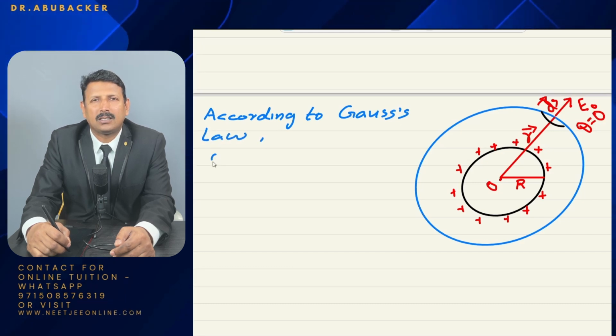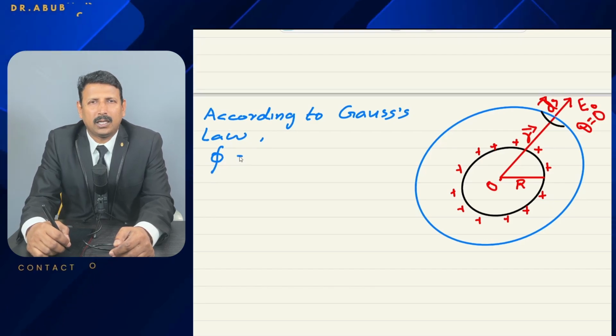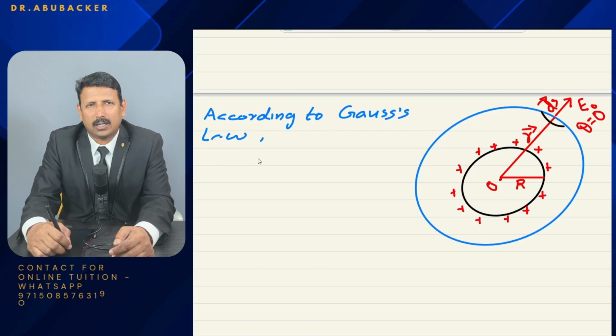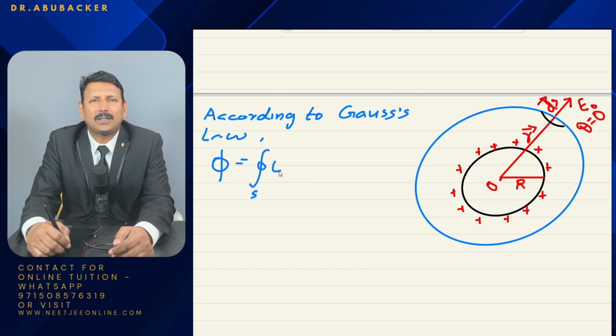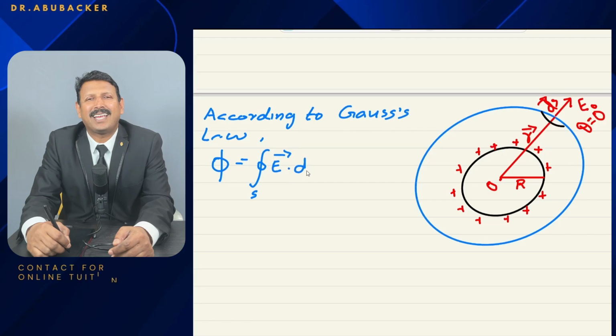So according to Gauss's law, we are going to write. It is a little bit similar to the Gauss's theorem proof. According to Gauss's theorem, what is actually Gauss's theorem? The total electric flux over a closed surface is equal to 1 by epsilon 0 times the net charge enclosed.